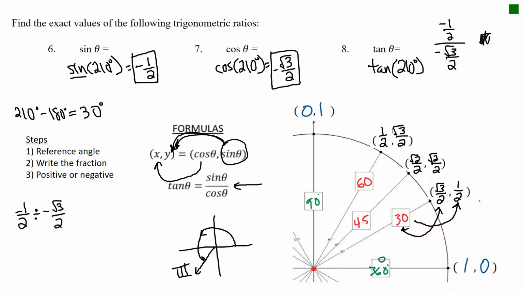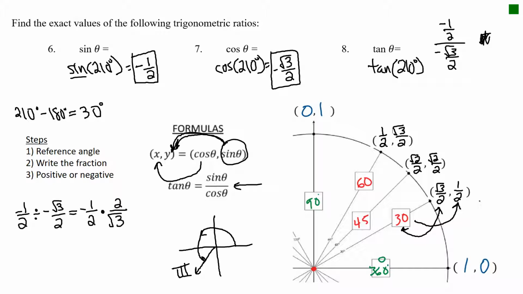But writing it horizontally helps me reduce it, because I'm going to rewrite negative 1/2 like this, and what I have to do is change division to multiplication, and then I flip the second fraction. So I'm left with 2 over the square root of 3.